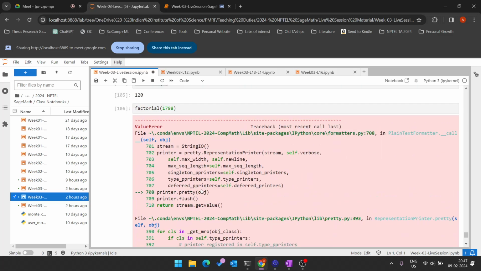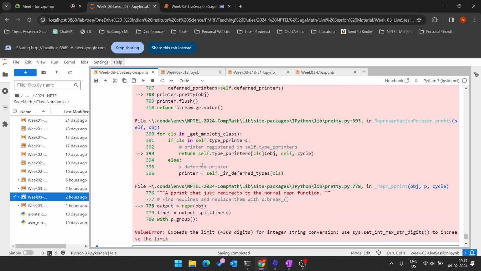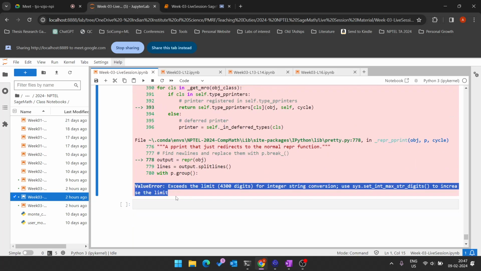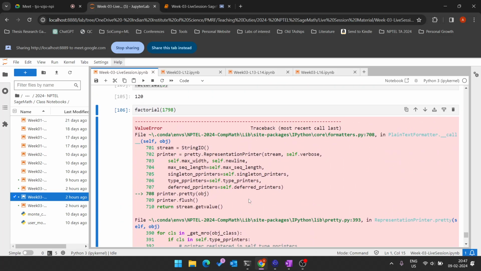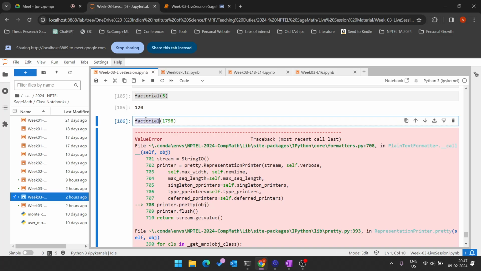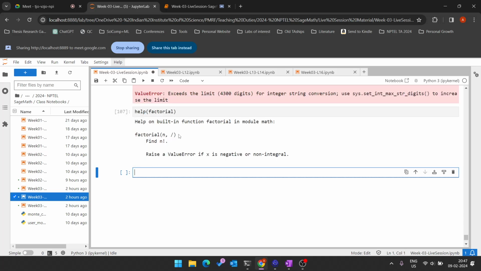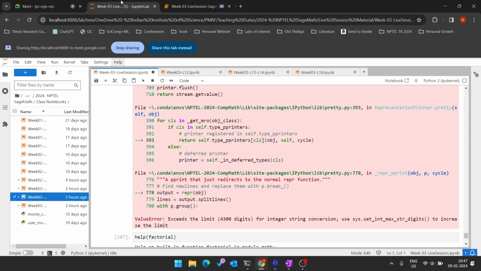Okay, so this has a... we'll have to check what. So this value error that we have set, right? This is related to our factorial function, so we'll have to seek the help on factorial. Nevertheless, for now, you can see that this thing is indeed working.